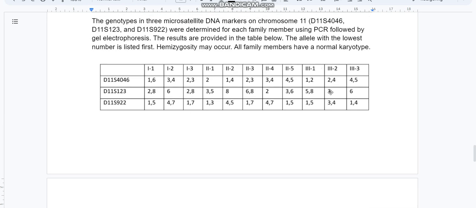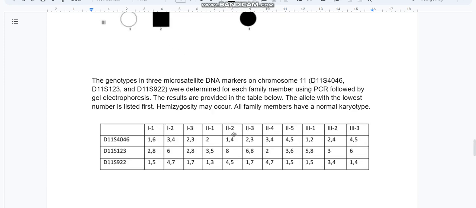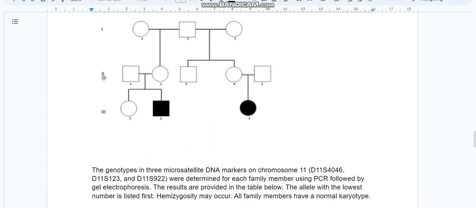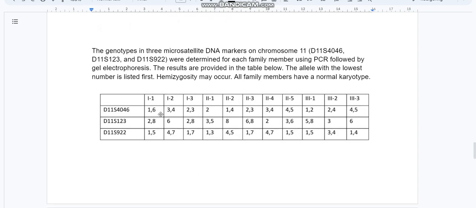This is the guy with the expressed phenotype. His father is in generation 2-1 here, and his mother in generation 2-2. So this is the father and mother. So if we first look at the father here, right? The father has 2, 3, 1, 5, 3, but here we see 2, 3, 3.